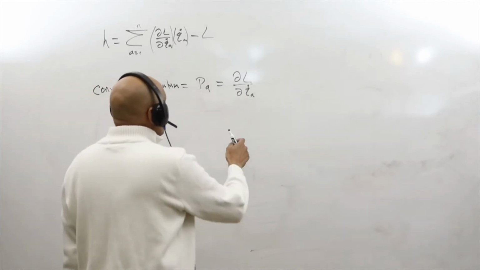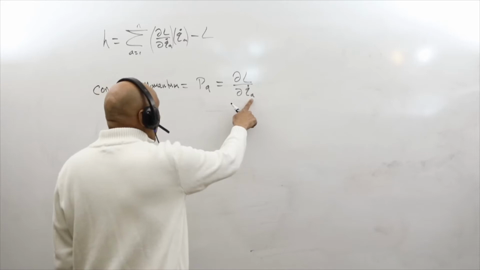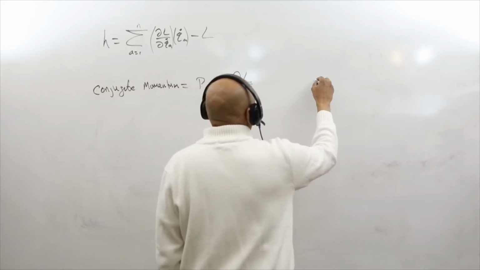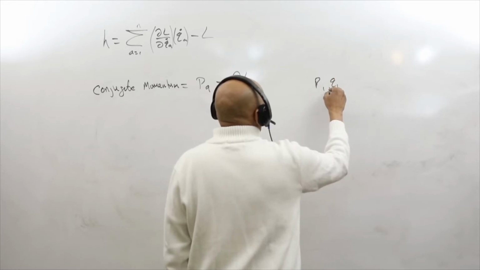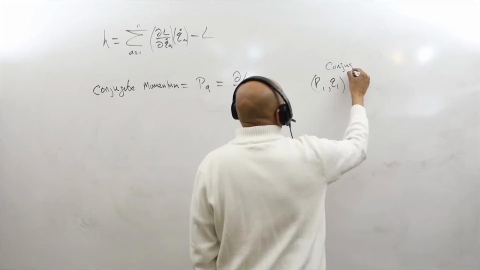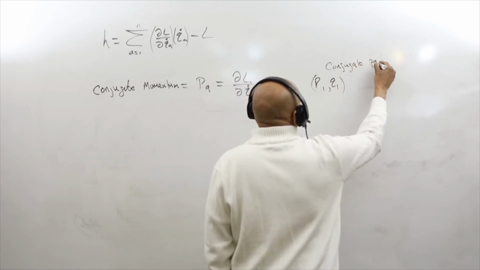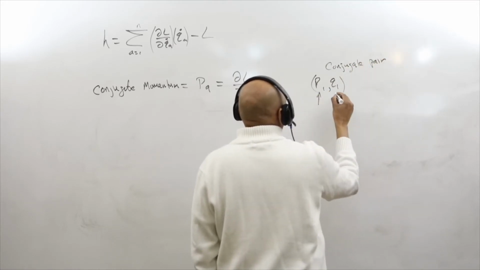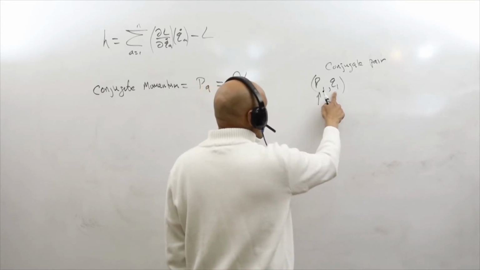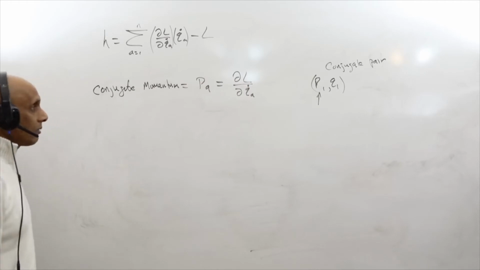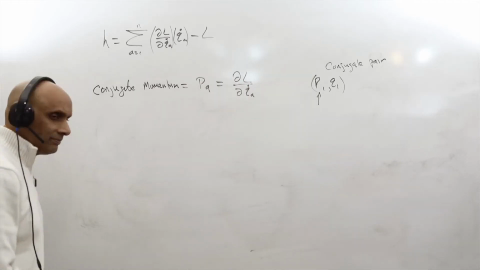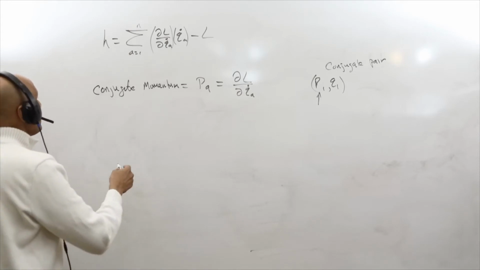So if somebody gives you a variable like Q1, we get a conjugate momentum P1. These are all conjugate variables, so P1 and Q1 are called a conjugate pair. So this is momentum and this is position. This is the conjugate momentum variable and this is the conjugate position variable. Remember, these are generalized coordinates.